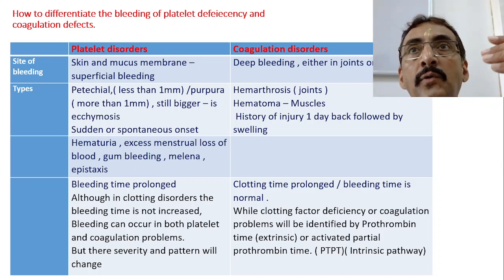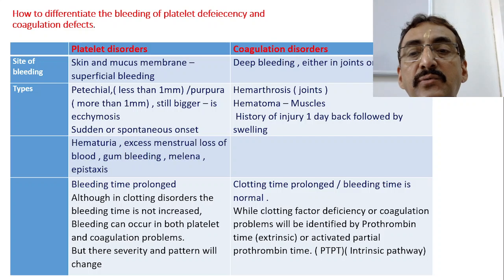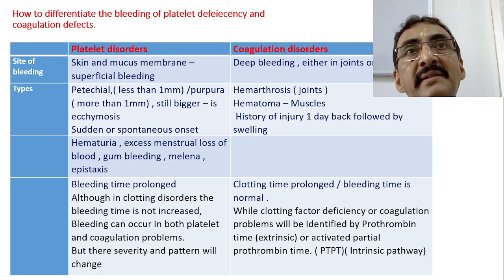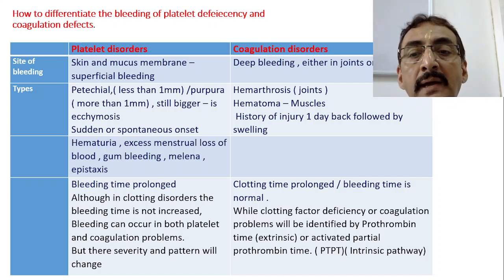Usually in clotting factor problems, both these pathways lead to the activation of prothrombin. That means if the prothrombin time PT is increased, it suggests that in the clotting factor problem, the extrinsic pathway is affected.